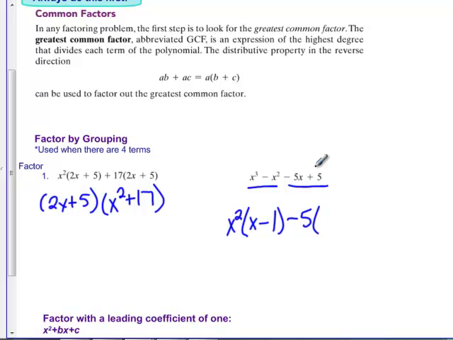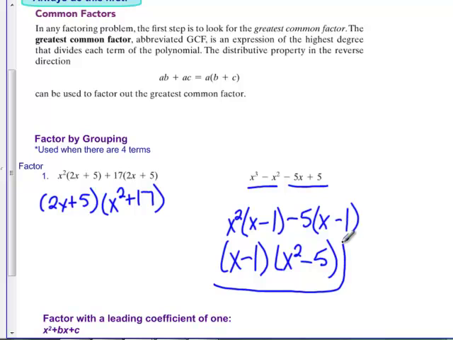Negative 5 times what gives you negative 5x? And then negative 5 times a negative 1 will give us that positive 5 up there. We're going to pull out the matching parentheses. So x minus 1 is the matching parentheses. And then we have x squared minus 5 left. Nothing will factor any further than this. So we're done, but we would still want to look and make sure.